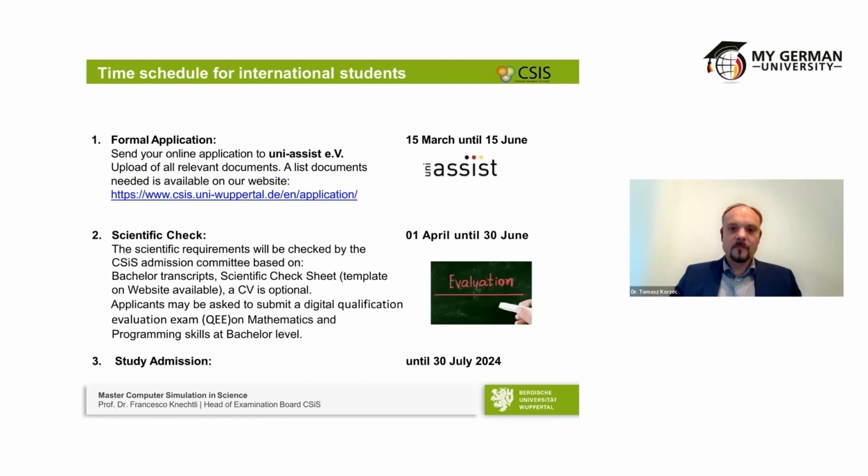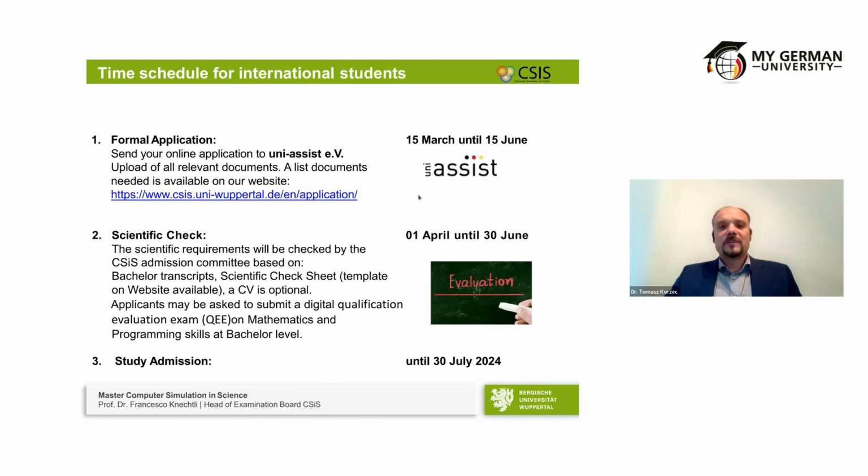If you decide to apply to our program, there are these steps to follow. The detailed description you find on our website, but basically between March 15 and June 15, you can file an application through this organization UniAssist.